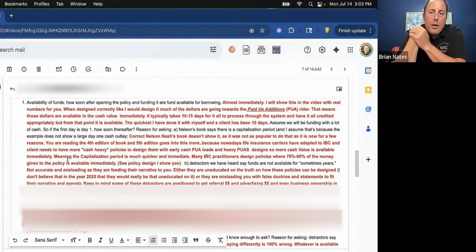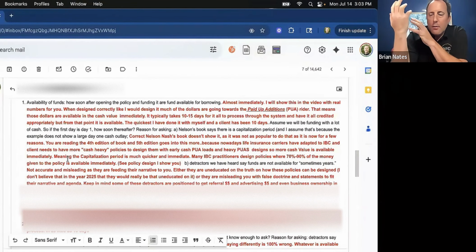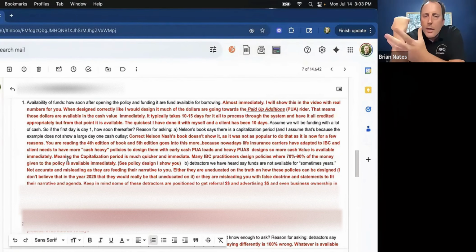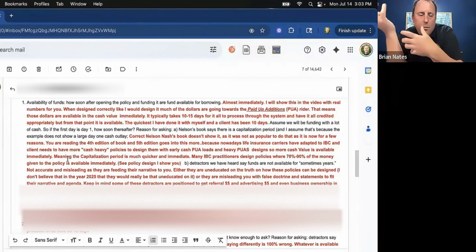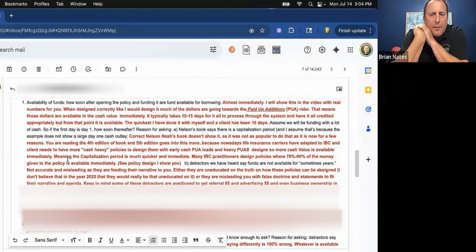And many infinite banking practitioners design the policies where 70 to 90% of the money is available immediately. Some go as low as 60. And there's debates on which is better, long term versus short term. But many do 70 to 90% nowadays, right? And look at the policy design. That is how I just showed that to you, right?